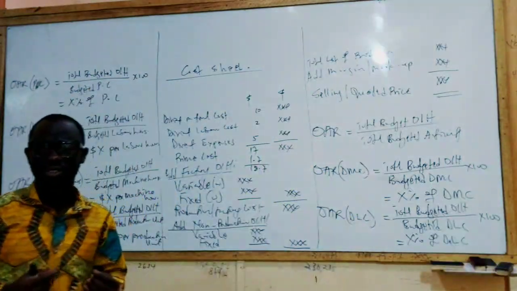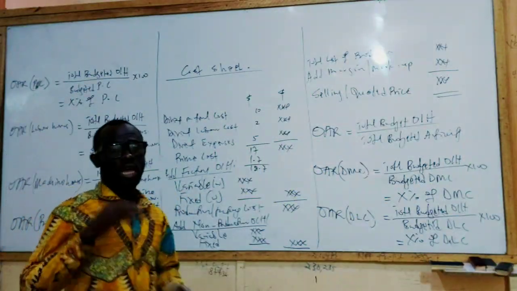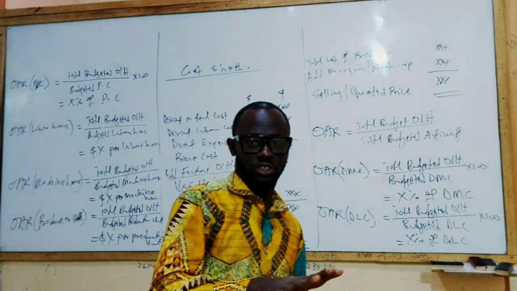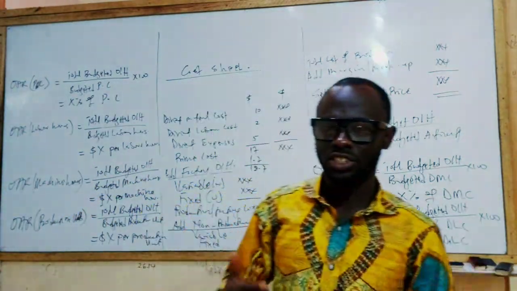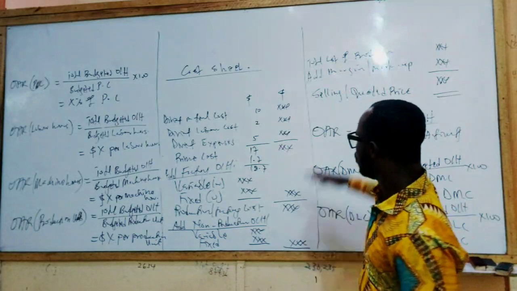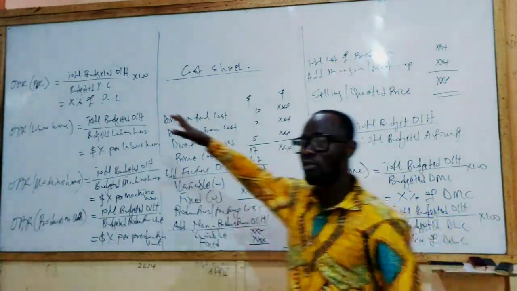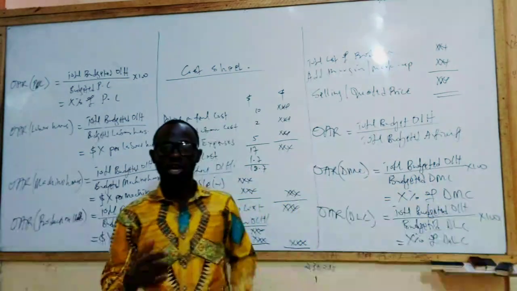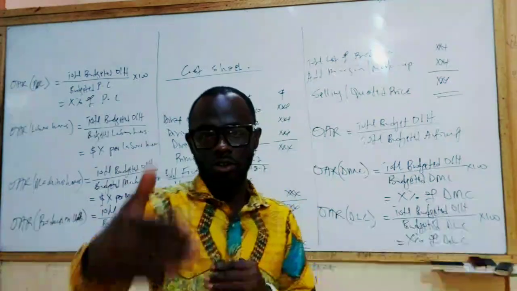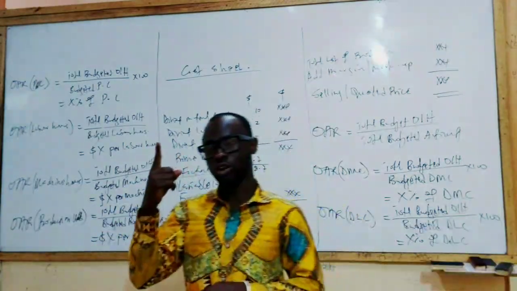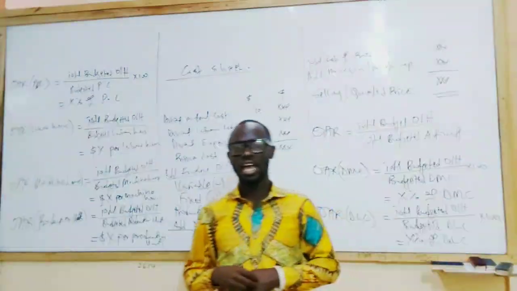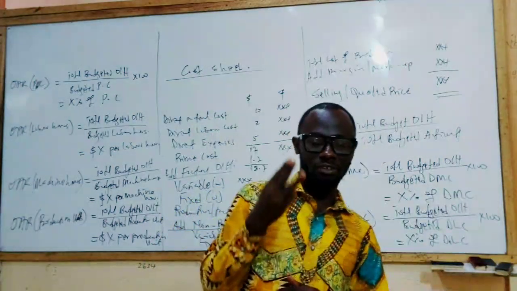So what are we saying so far? In the preparation of the cost sheets and by extension the profit statements, you must understand how the overheads are going to be absorbed. Because this is going to play a key role when we start with absorption costing, marginal costing, and then the issue about activity-based costing.